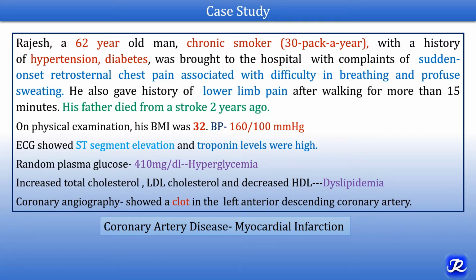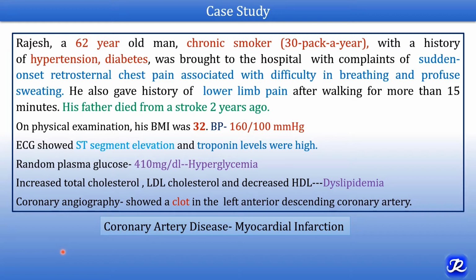What are the justifications behind the diagnosis of coronary artery disease in this case? Because here the patient presented with retrosternal chest pain, difficulty in breathing and profuse sweating, which is suggestive of angina, which is the important symptom of coronary artery disease. Moreover, patient has multiple risk factors for development of coronary artery disease, like he was a chronic smoker, he has history of hypertension, diabetes, his BMI was 32, means he was obese.